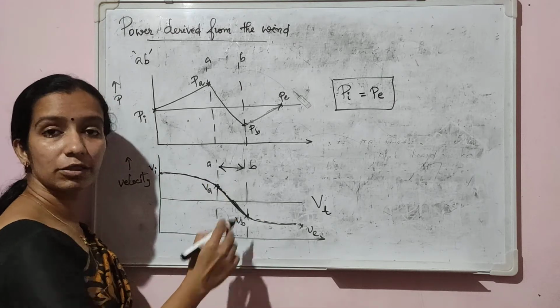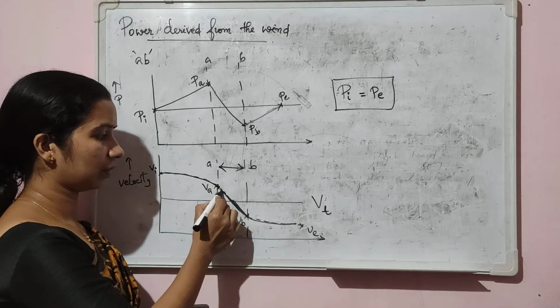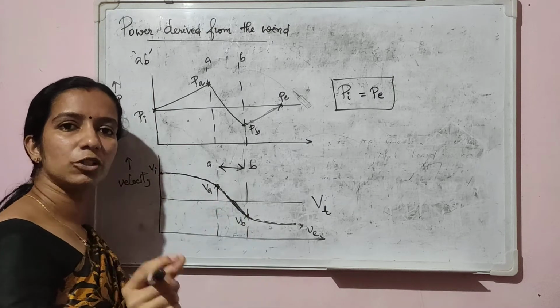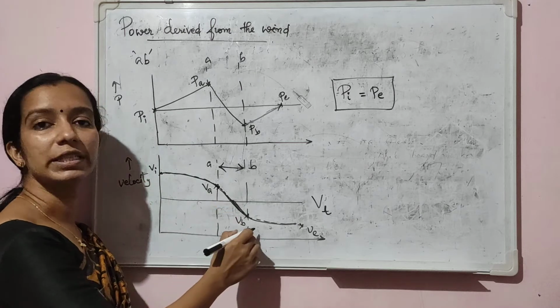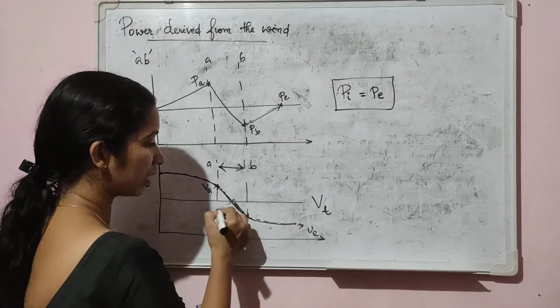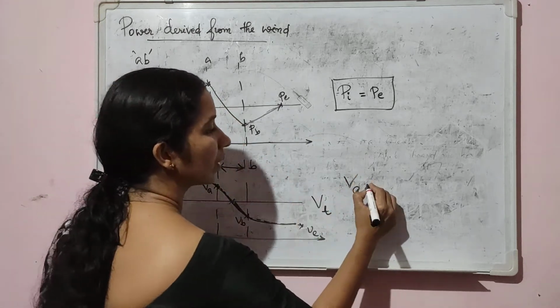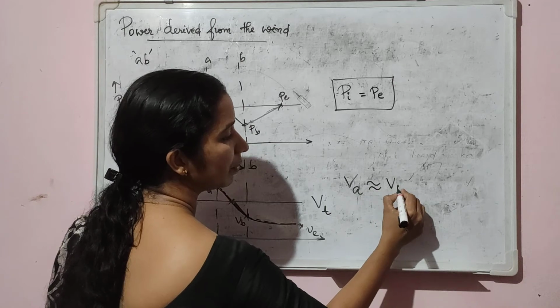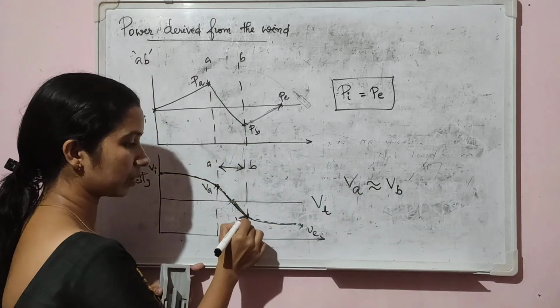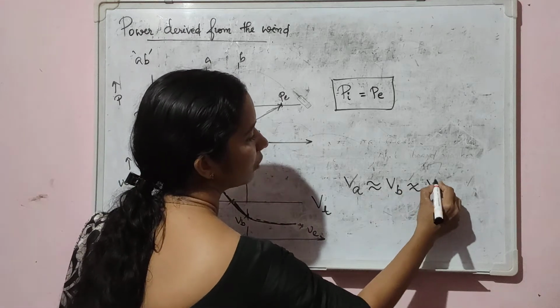As the thickness of the turbine blade is very small, the wind undergoes a very gradual, very small change in velocity when it is passing over the turbine blade. So we can write Va, velocity at A, approximately equal to Vb, and these are approximately equal to Vt, the average wind velocity.